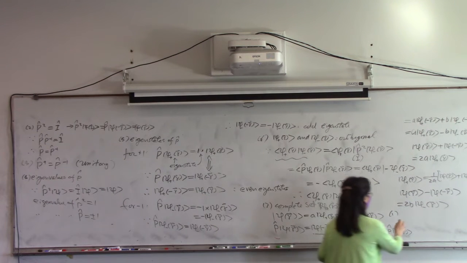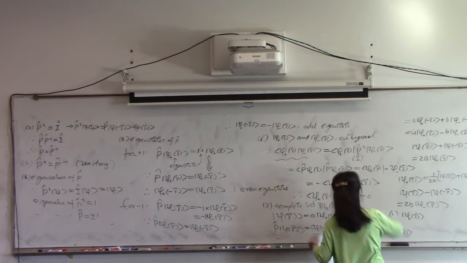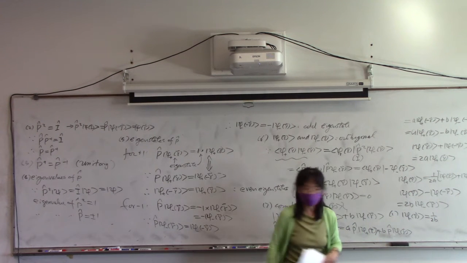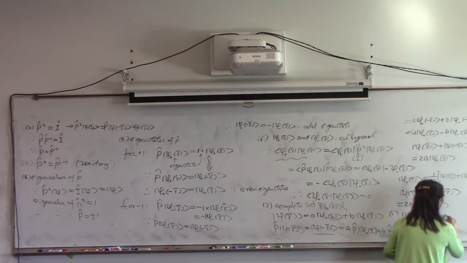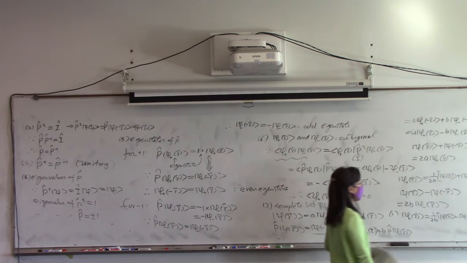So again we know how to construct the odd eigenstates from any arbitrary function: the function minus its parity. So we can build up this idea.